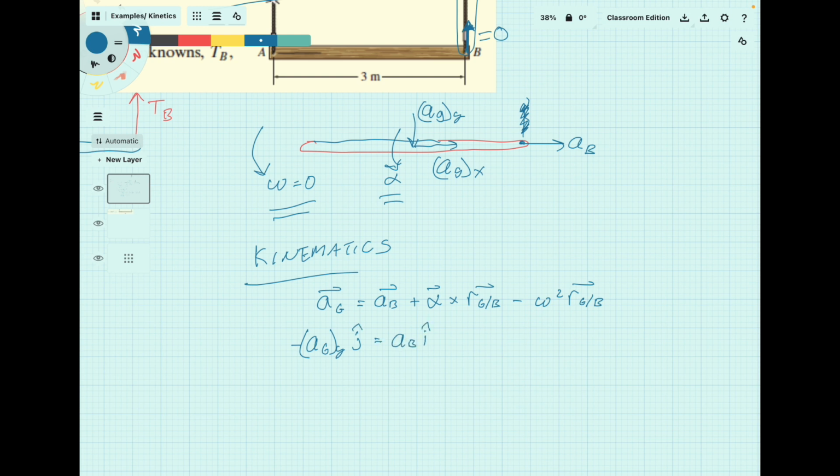We just said that's only in the i direction, plus alpha, which is in the k direction, crossed with a minus 1.5 i for the r vector. And then our omega term is 0, so that term drops out.